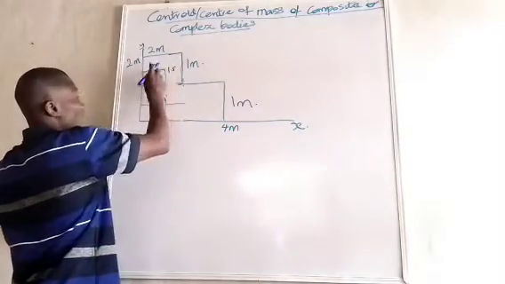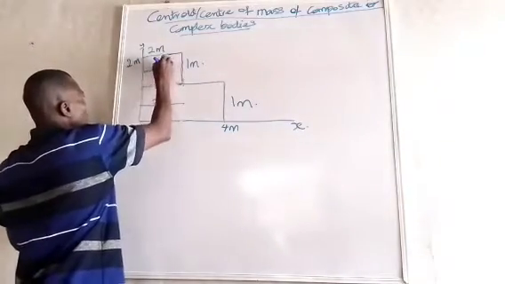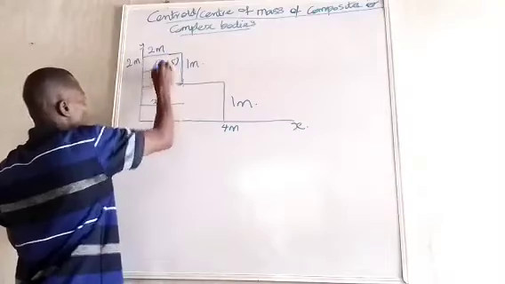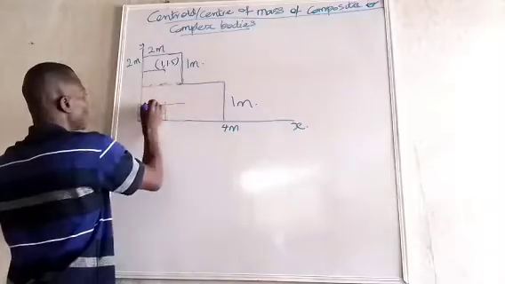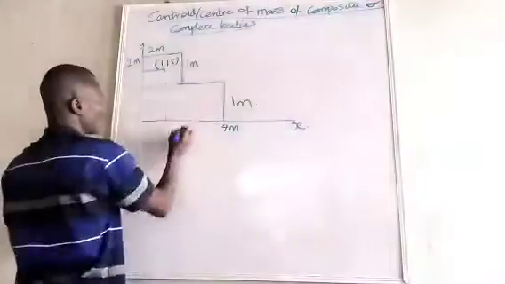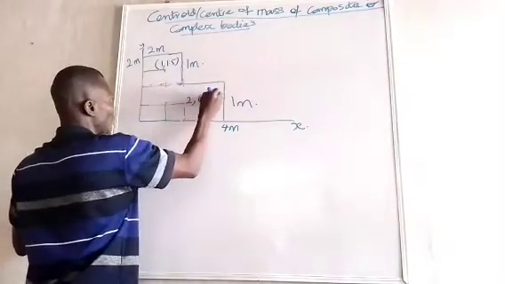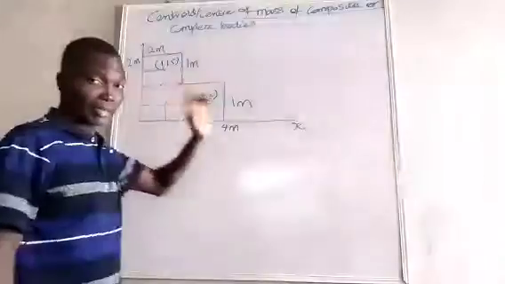So the centroid of this place is 1, 1.5. For this one too, the centroid is going to be from here to here, that is 0.5. From here to here is 2. So we have 2, 0.5. All these are in meters.